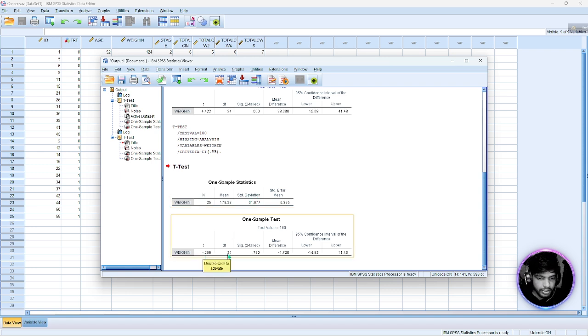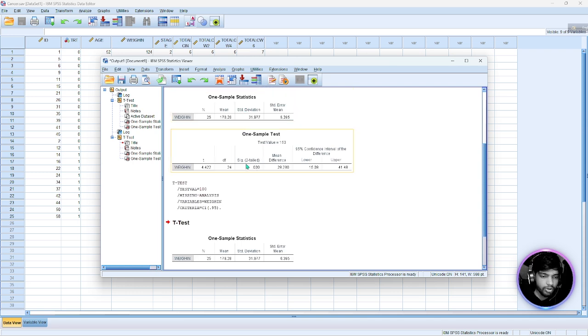Okay, the t value is negative, the degree of freedom is 24, and here is the significance level. If I show you, it is 0.79, and it was 0 for the values.